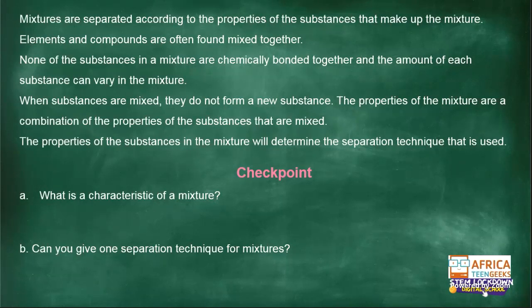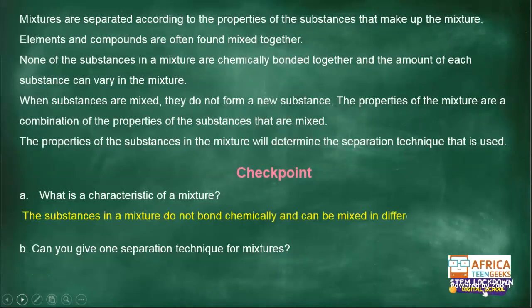Okay, let's see. Checkpoint. What is a characteristic of a mixture? I asked you this. Let's see if you remember. Name a characteristic of a mixture. We did it in the previous slide. Okay, so a substance when it is not chemically bonded.